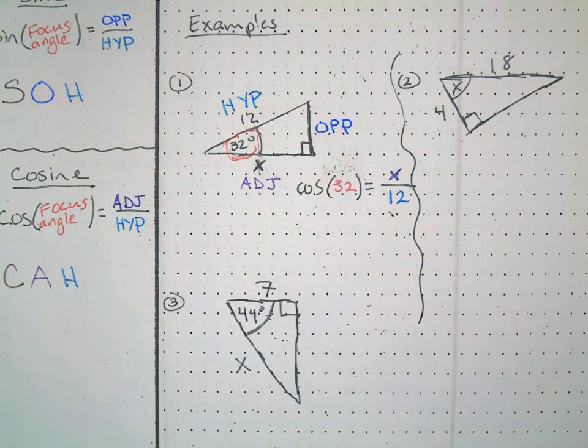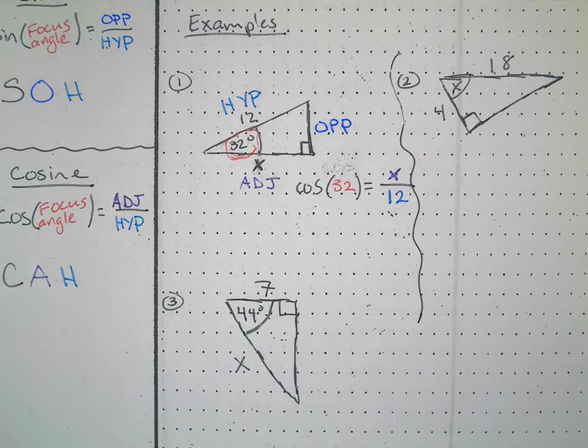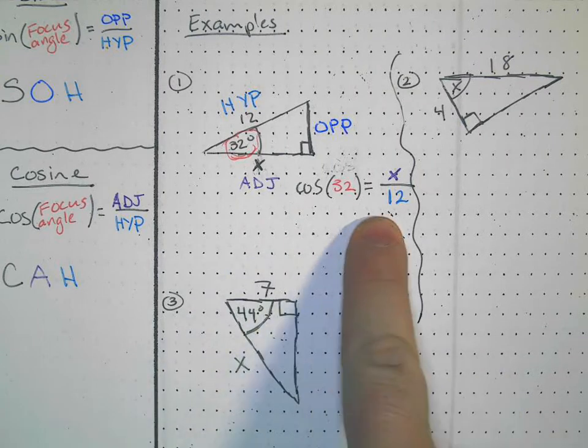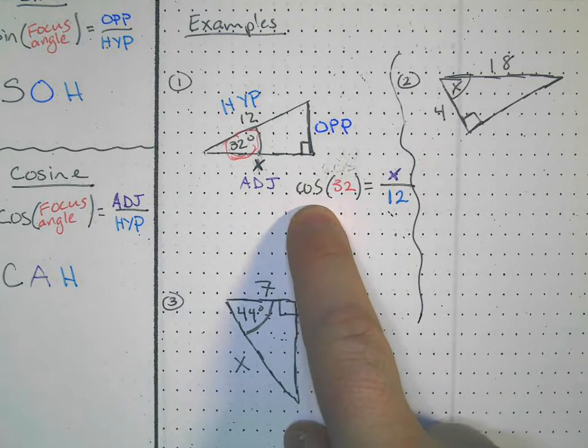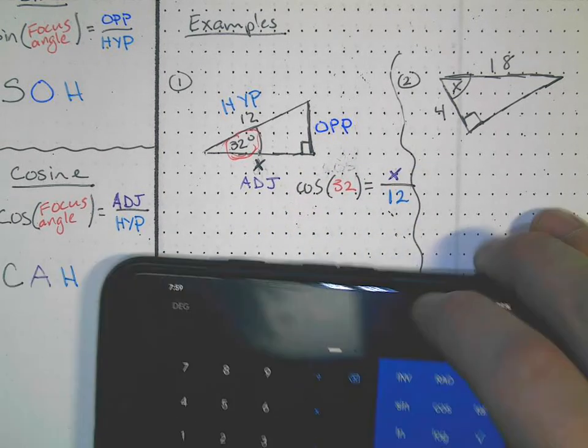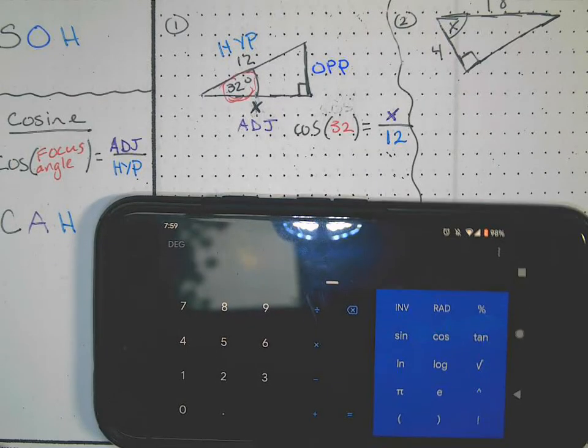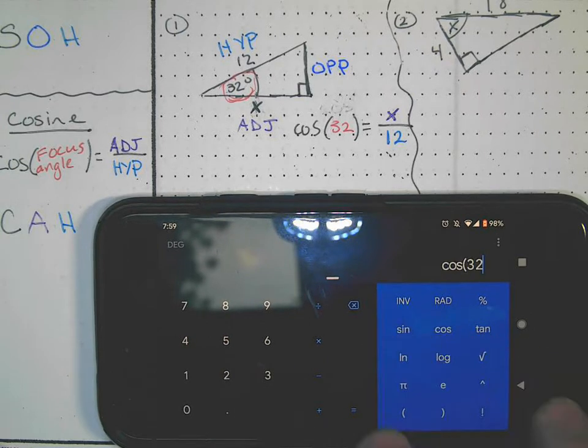And then we ask ourselves, how do I solve this? Well, it looks like we'll have to cross multiply to find out what x equals. Since our x is in our fraction, we'll know we'll have to cross multiply. So the first thing we do is type our cosine 32. We're going to use our calculator for this. So I'll say cosine 32. That gives me my decimal, 0.848.